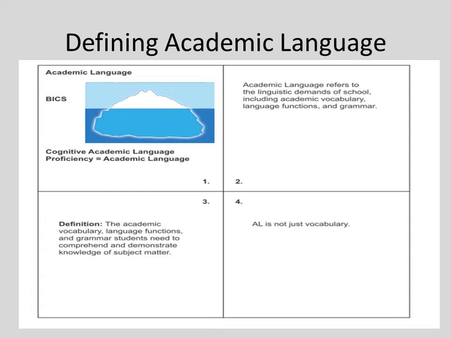And the third box includes a definition that the student feels like what academic language is to them. Here they say, the academic vocabulary, language functions, and grammar that students need to comprehend and demonstrate the knowledge of in their subject matters. In the fourth box, a student might write something like a misconception like this. Academic language is not just vocabulary, and of course it's much more than that, as we'll continue to see throughout this module.